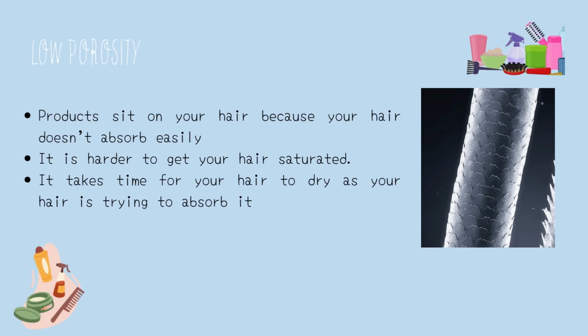The characteristics of low porosity hair are that products tend to sit on your hair easily, especially if they have a thick consistency. It's hard for your hair to be saturated. For example, if you spray a bottle of water on your hair, you might see little water pebbles as your hair is not able to absorb them quickly. It also takes a long time for your hair to dry.